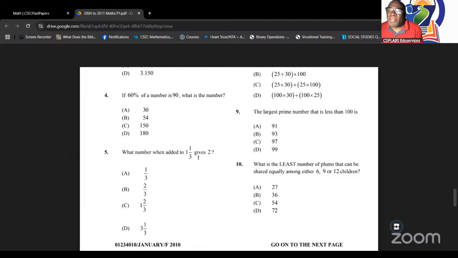One third added to a number gives us 2. Okay. What conclusions could you make from this question? What's this question telling you?